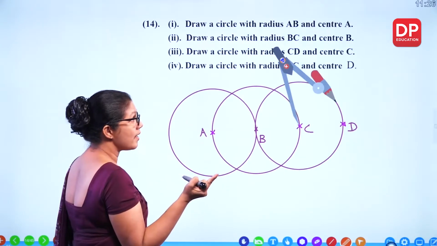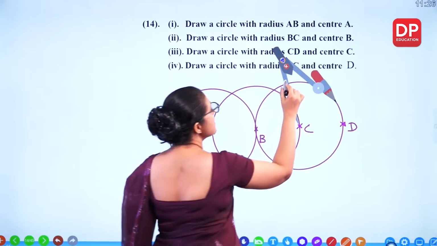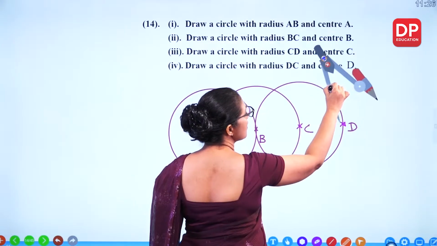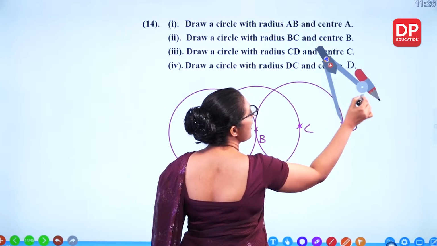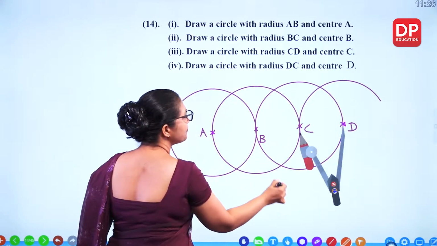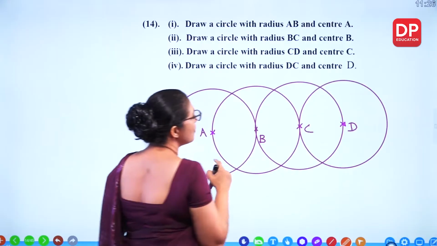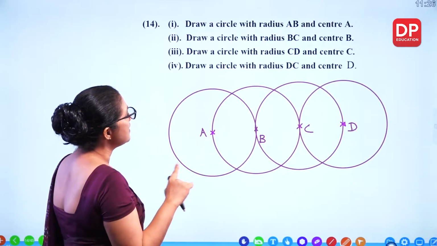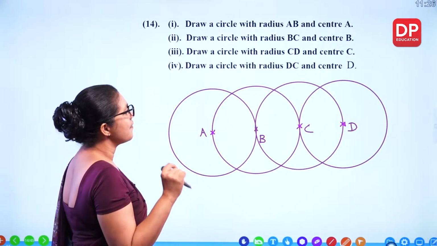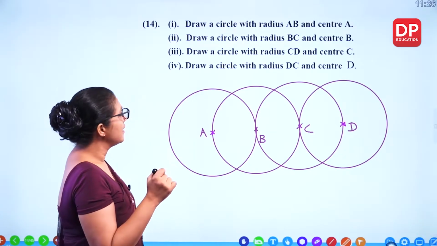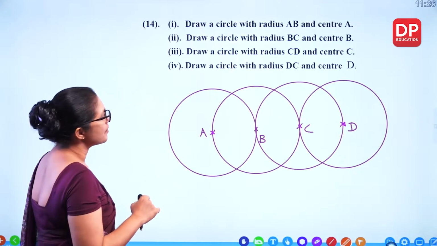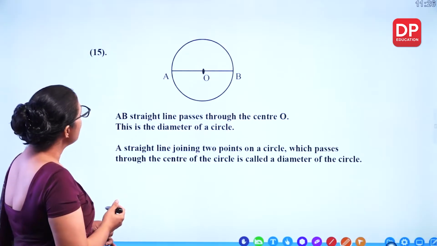Now the last one, center D. I can take the compass here and draw another circle. So DC is the radius and the center is D. So that's the diagram.